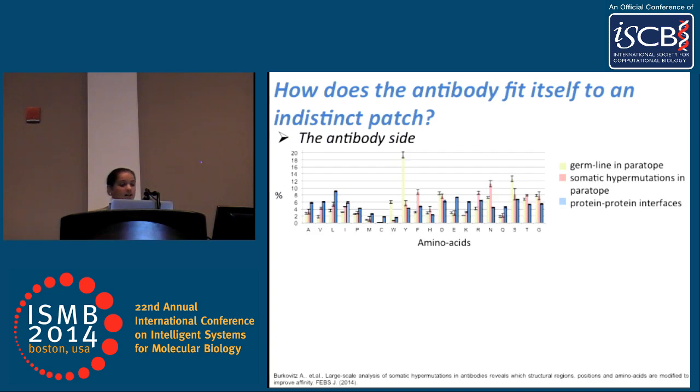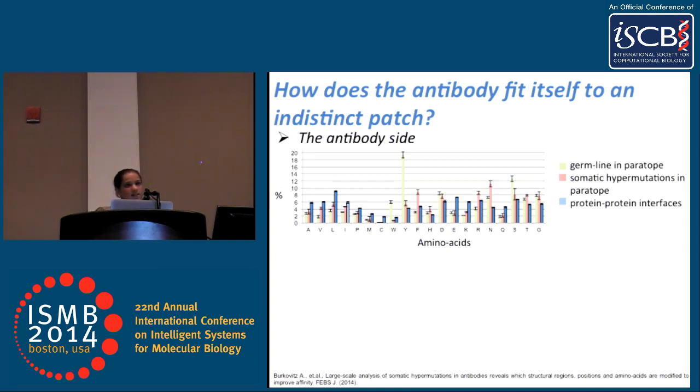You can see here again 3 sets of amino acid compositions. In green is the amino acid composition of the paratope region of the germline antibody, which is the antibody sequence as encoded in our genome before the antibody meets the antigen for the first time. In red, you can see the amino acid composition of the somatic hypermutations introduced into the paratope region during the process of affinity maturation.